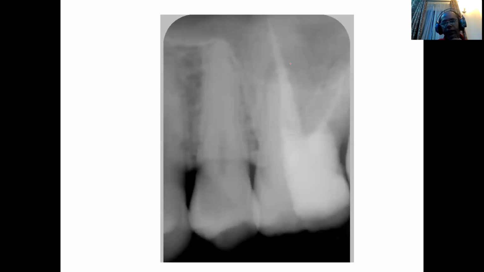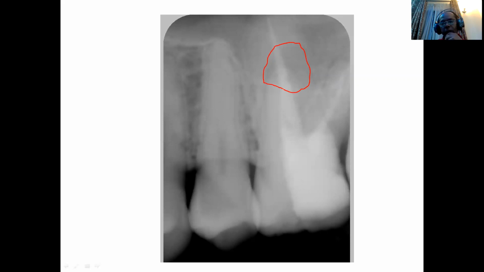What I observed is that the three canals are filled, and the coronal restoration seems good, whereas I found radiolucency around the mesial root, here, around this mesial root, and this was visible on this radiograph.